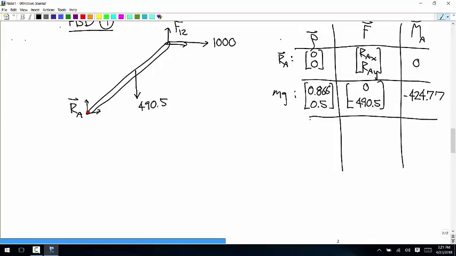And then at the top, I'll keep it as 2 separate forces. So force F12, that has a rho vector of 1.7321. The force vector is F12x, F12y. And the cross product is 1.732 F12y minus F12x.